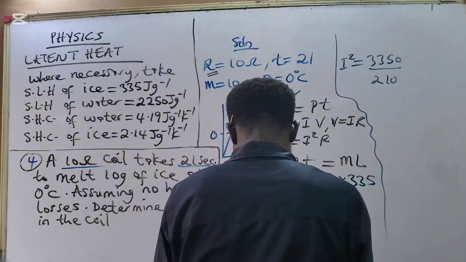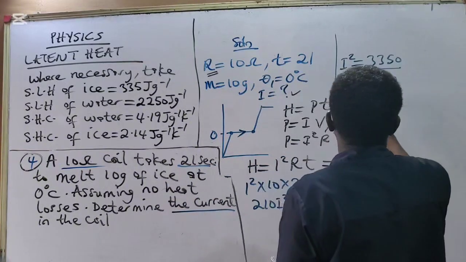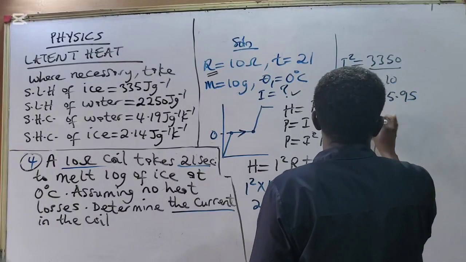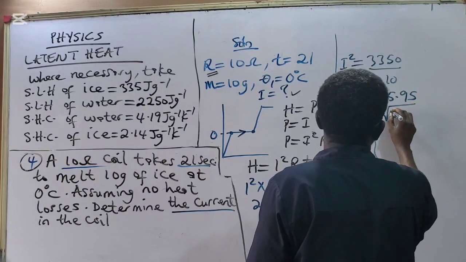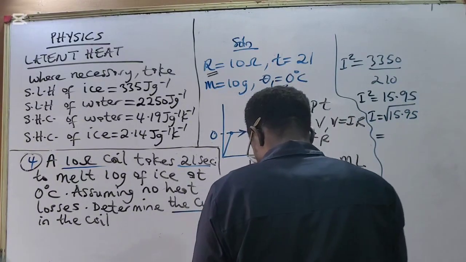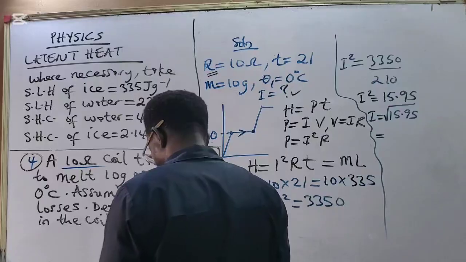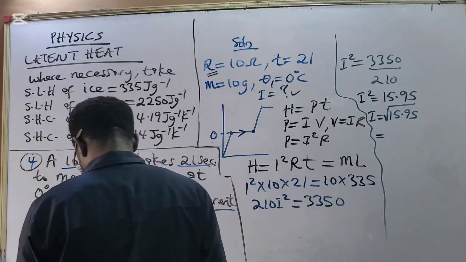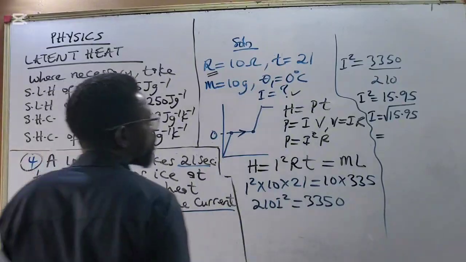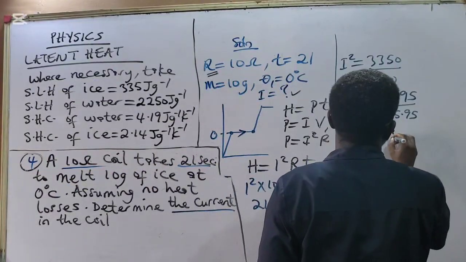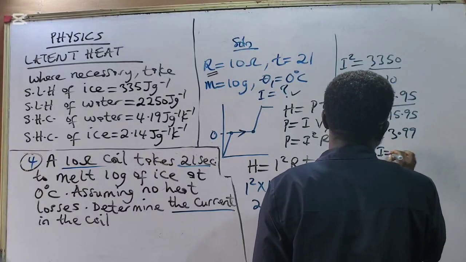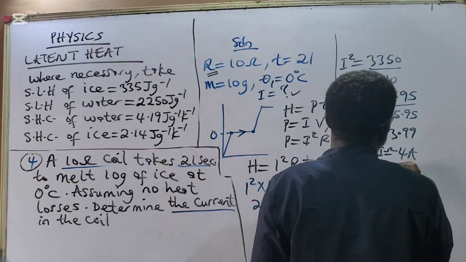That was 15.95, approximately 16. So that I will now be the square root of 15.95. Now it was about 4 amperes. 3.99, and approximate that to 4 amperes.